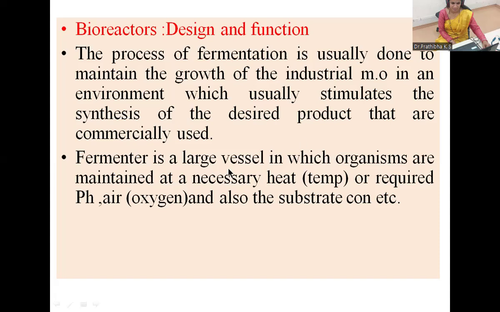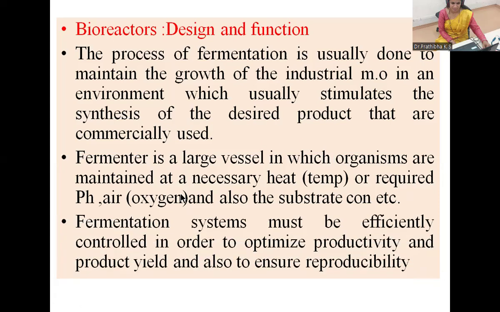The fermenter is a large vessel in which organisms are maintained at the necessary heat and a required pH. If they are aerobic microorganisms, we need to provide the proper optimal air and also the substrate concentration. So in the fermenter vessel, we need to provide all these requirements for the growth of the microorganisms in optimal conditions.